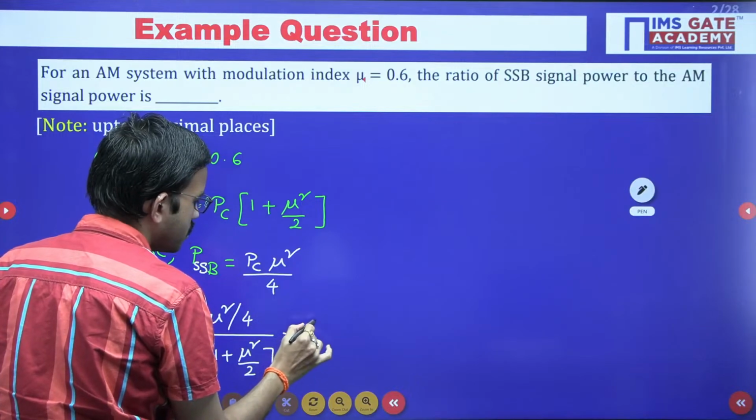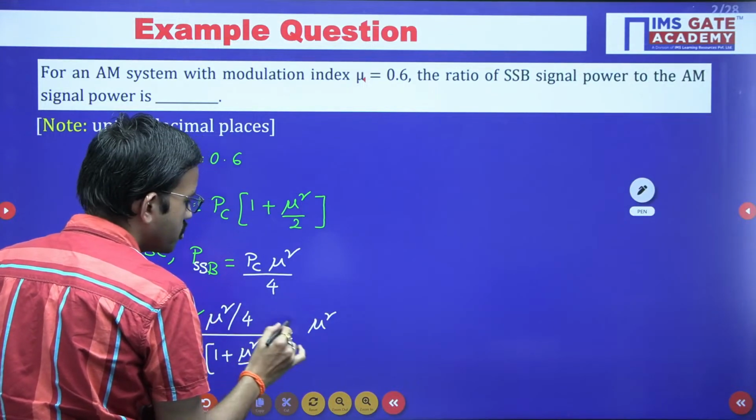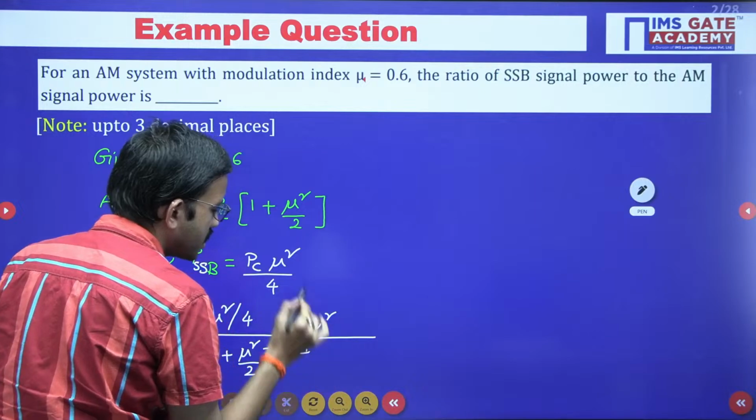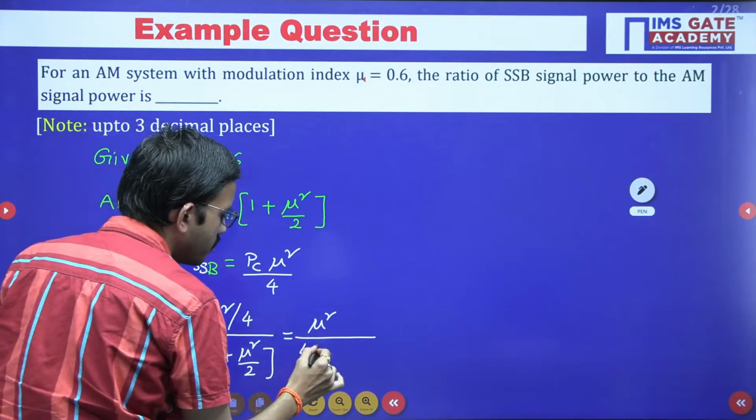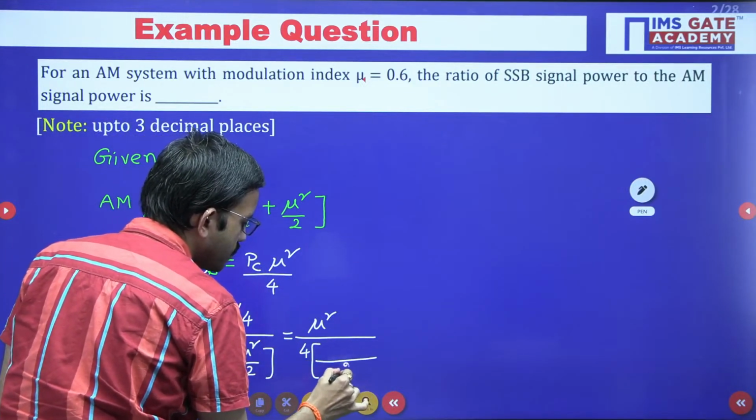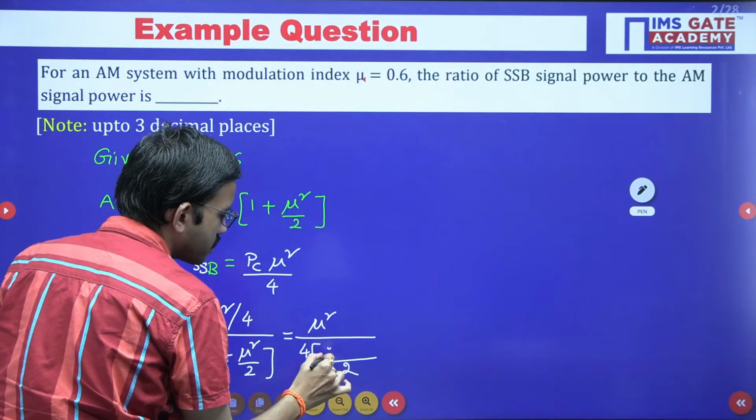In the numerator you are having mu square by 4. Here if you do the simplification, you will get LCM as 2 plus mu square.